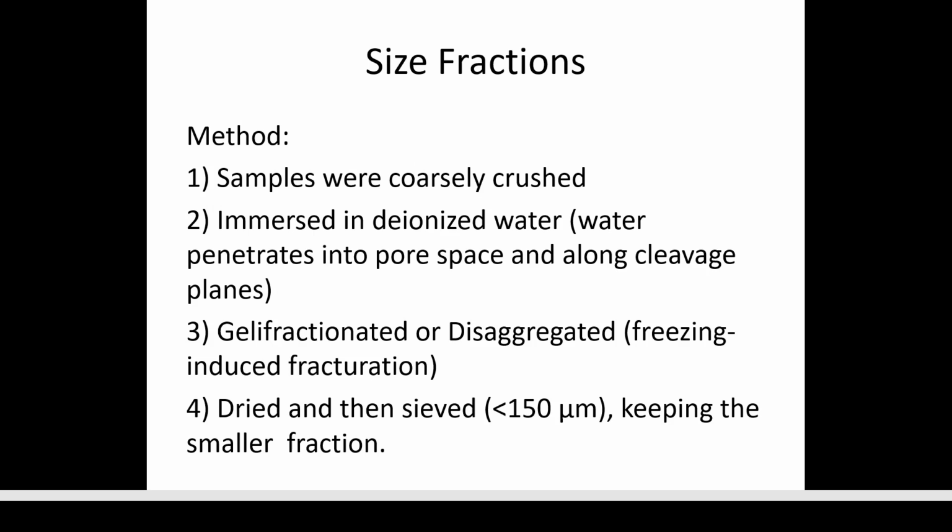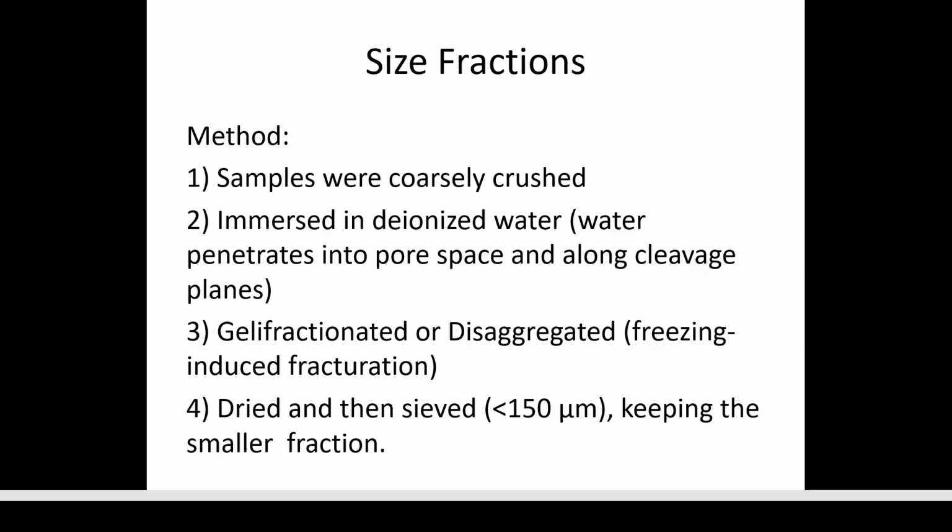How is this done? First off, the samples were coarsely crushed. This was done in a jaw crusher. After that, it was immersed into deionized water. This allowed for the water to penetrate into the pore spaces and along the cleavage planes of the different minerals. After this, the water was then flash frozen.